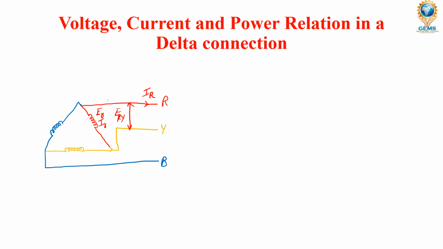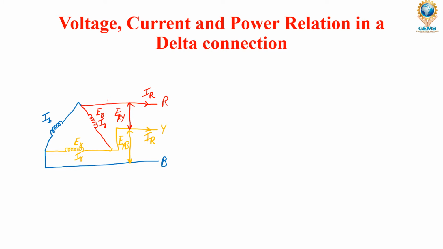Next we'll see Y. Here the current flowing through this line is the line current IR. The voltage in this winding is ER, that is phase voltage, and this same voltage comes into the picture here, that is EYB, between Y and B. And next is B. Here the current is IB.